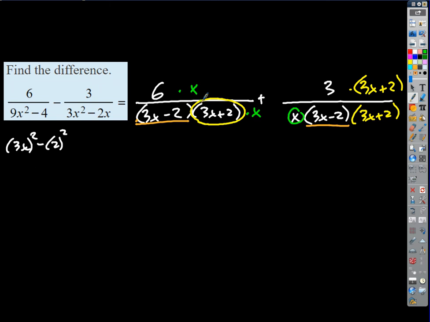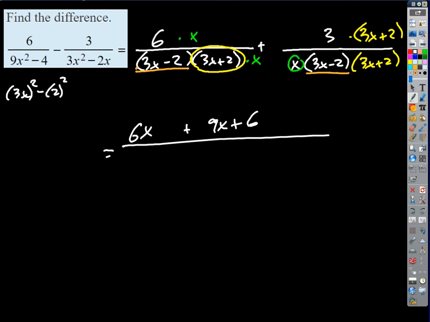Now do I have the same denominators? Yeah, we have common denominators, right? So this simplifies to 6x plus, what's that if I expand it out, over my common denominator of all that stuff. If I want to expand that out, I just multiplied this one by x, didn't I?